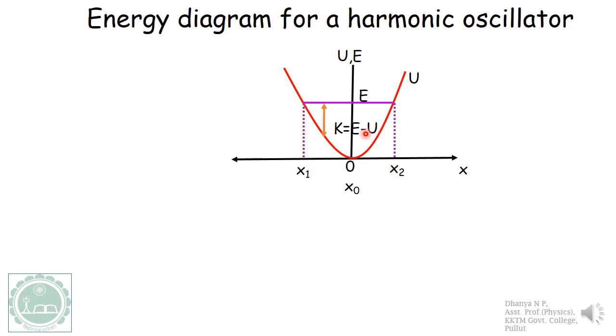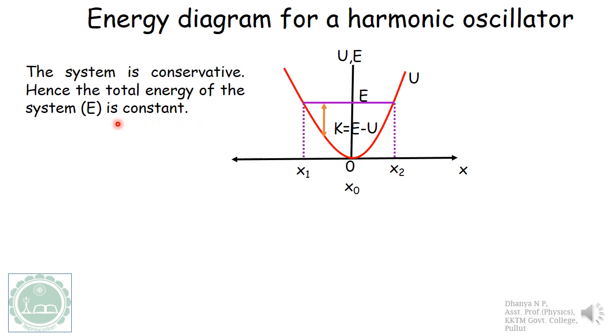The system is conservative, hence the total energy is constant. That is, K plus U is a constant E, or K is equal to E minus U. Kinetic energy is equal to total energy minus potential energy. The total energy is represented by the horizontal line.